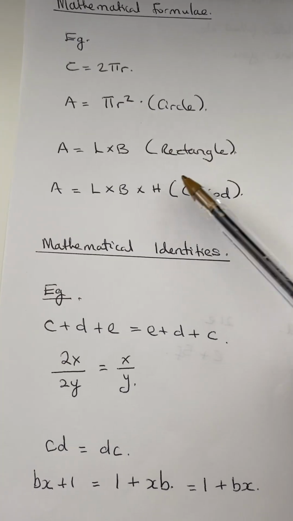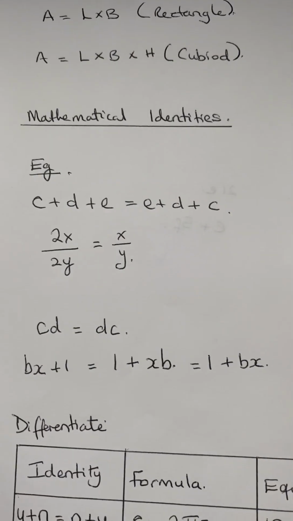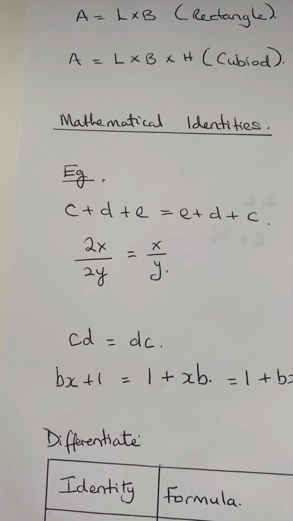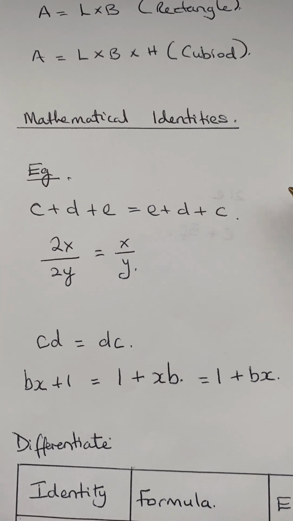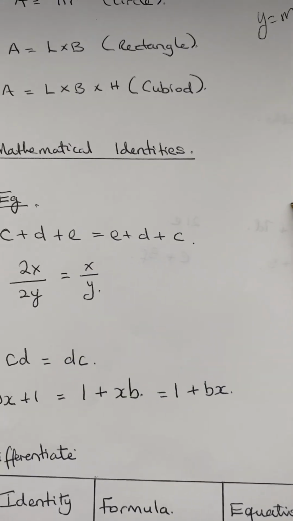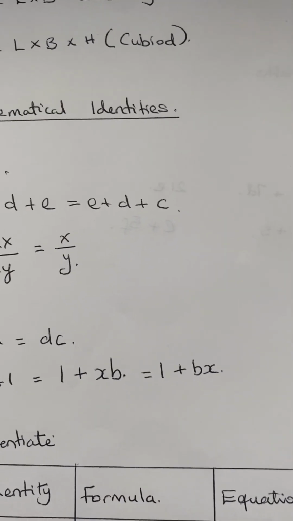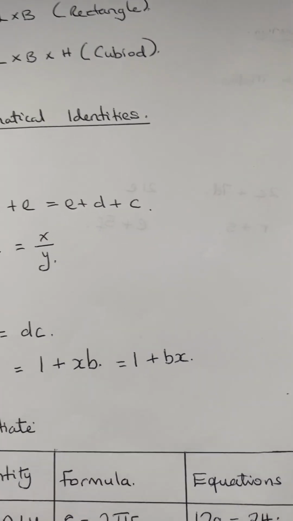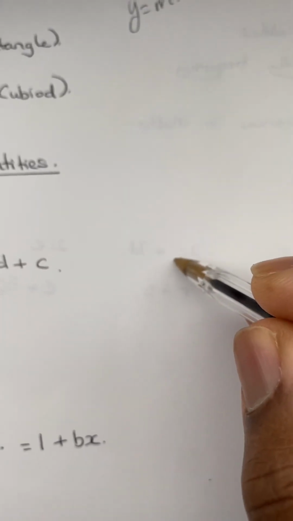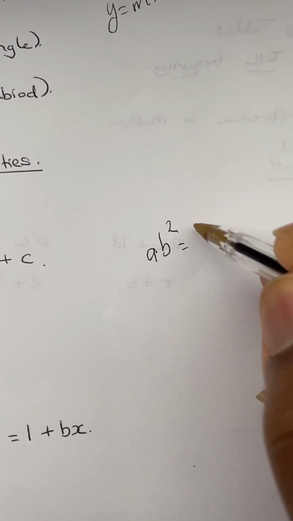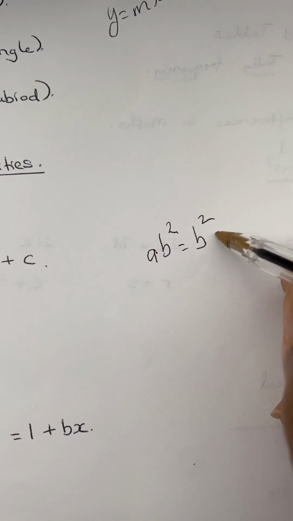Now, identities, like we have identical twins. So a plus b equals b plus a. It's the same thing. For instance, you remember when we were doing algebra, I said you could leave your answer as ab squared or b squared a.